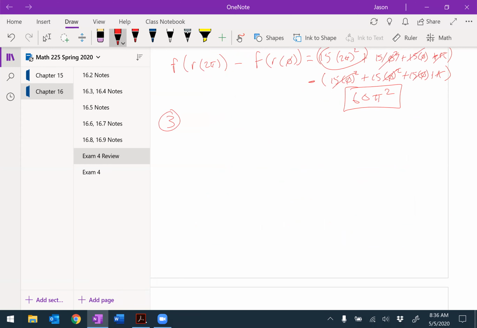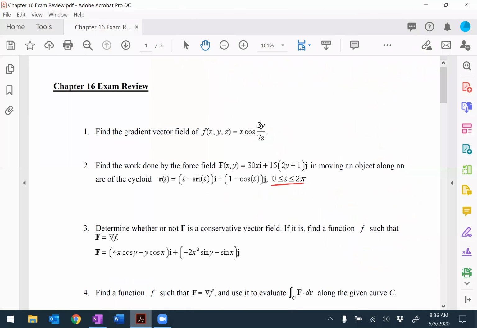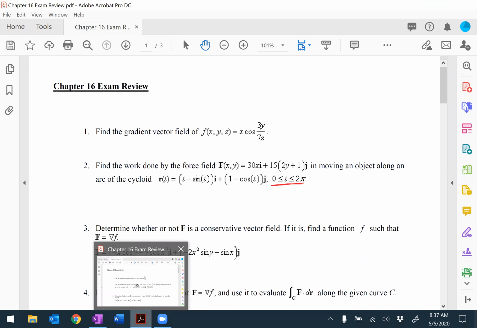Number 3 says, determine whether or not f is conservative. If it is, find f such that, we just found a parent function, so we want to find the parent function. It's really called the potential function, but I like to call it the parent function. Okay, let me write this down.